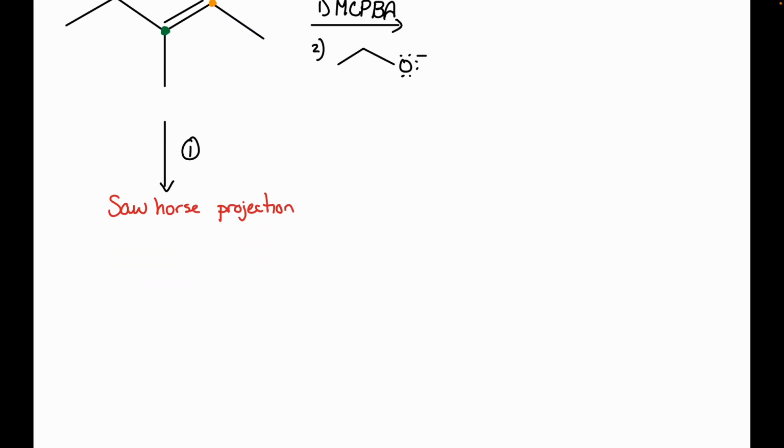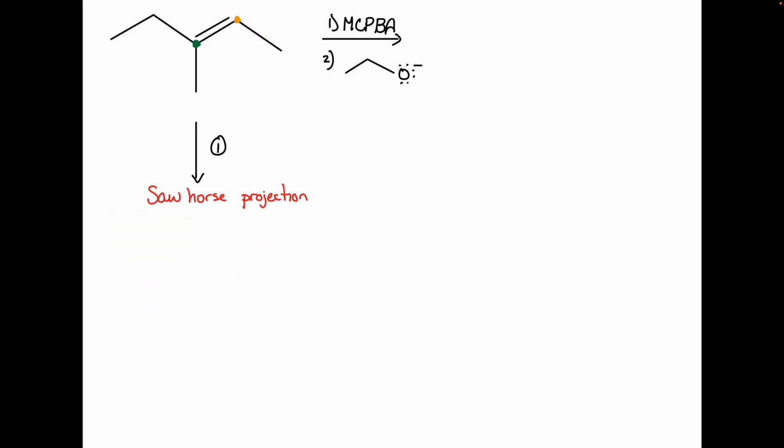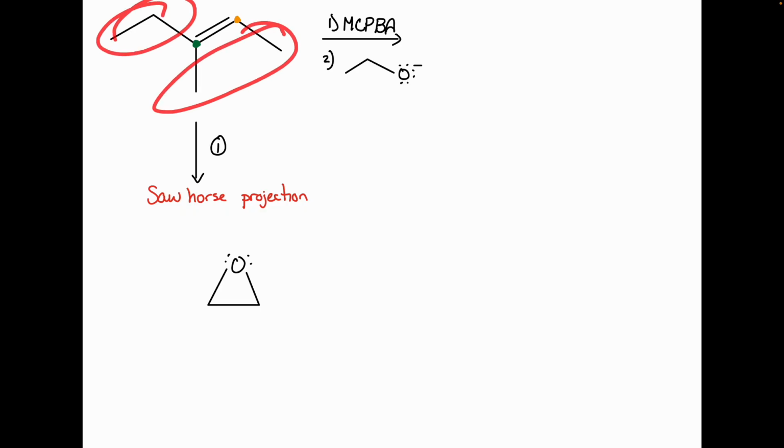All right, so then when I make my epoxide in our sawhorse projection, our epoxide will be in the plane of the page. These are my bonds now that are in the plane of the page, which means that these alkyl groups have to be sticking either out of or into the page.